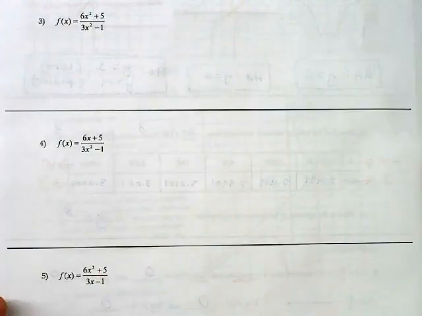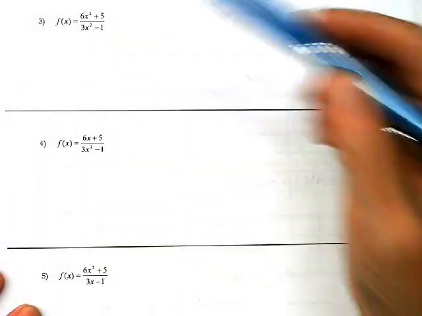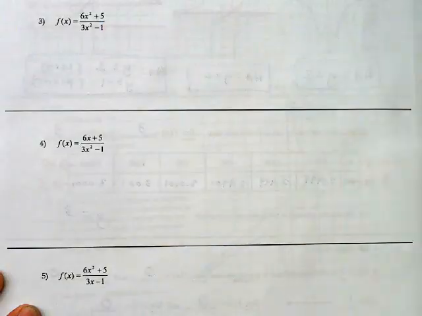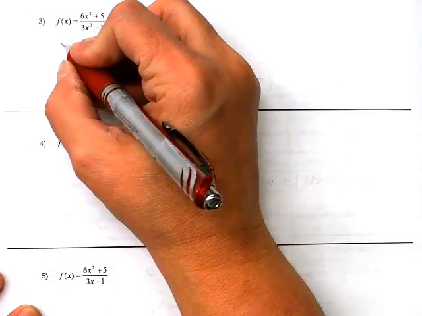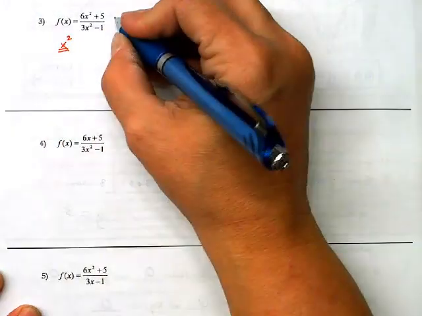So let's look here at number 3, another rational function, 6x squared plus 5 over 3x squared minus 1, and the highest power I spy anywhere is x squared.